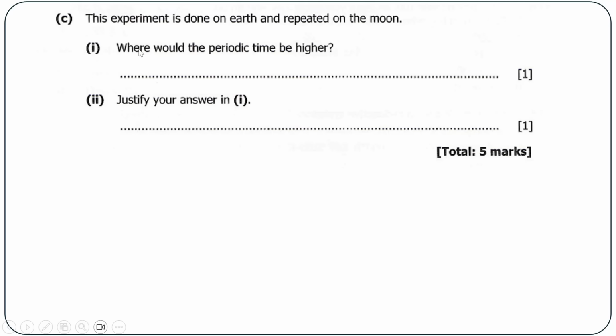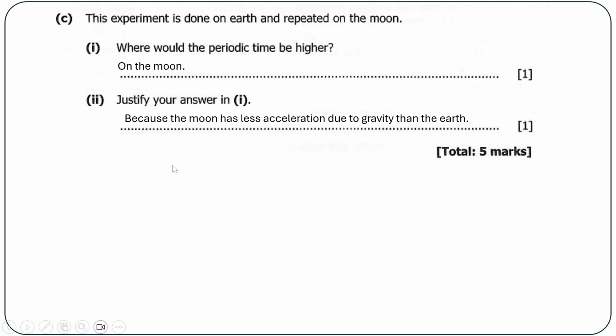Then Roman numeral 1, where would the period time be higher? Of course, the period time would be higher on the moon. Then Roman numeral 2, justify your answer in Roman numeral 1. We are saying because the moon has less acceleration due to gravity than the Earth.